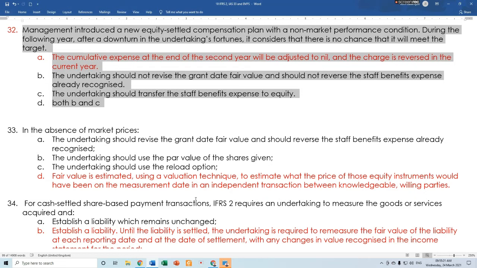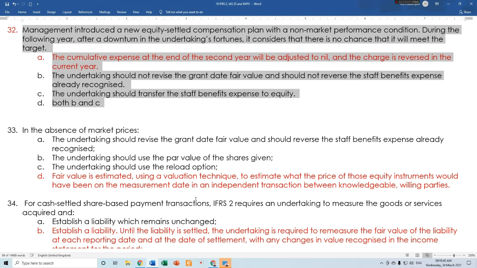Okay? Kasi ganito siya, no? Kapag market condition siya, hindi mapapalitan yung fair value, di ba? So, basically, meron ka pa rin mako-consider or mako-compute. Kapag non-market performance condition 'yan, yung other multipliers na tinutukoy natin, di ba? Kapag hindi na-meet yung non-market performance condition, edi, yung other multipliers mo, zero na.